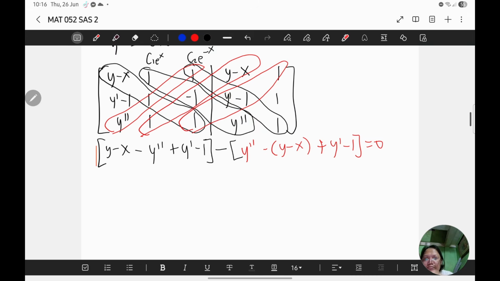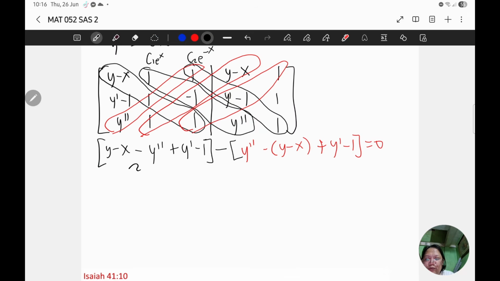Then we distribute. So for the first terms, just copy y minus x minus y double prime plus y prime minus 1. Then distribute negative. Negative times y double prime is negative y double prime. Negative times negative becomes positive, so positive y minus x.